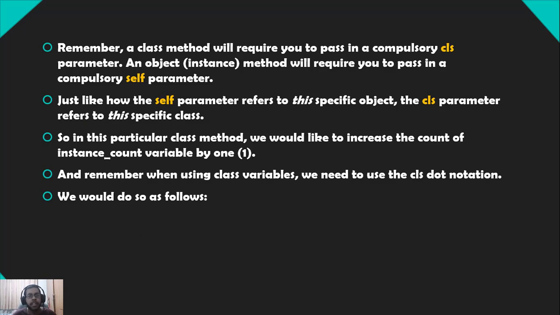Remember, a class method will require you to pass in a compulsory cls parameter. An object or instance method will require you to pass in a compulsory self parameter. Just like how the self parameter refers to this specific object, the cls parameter refers to this specific class. So in this particular class method, we would like to increase the count of the instance count variable by 1. And remember, when using class variables, we need to use the cls dot notation. We would do so as follows.